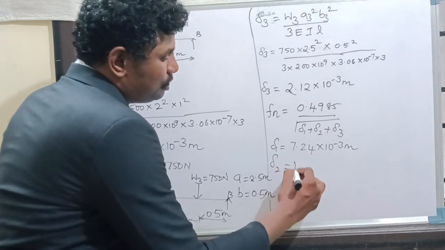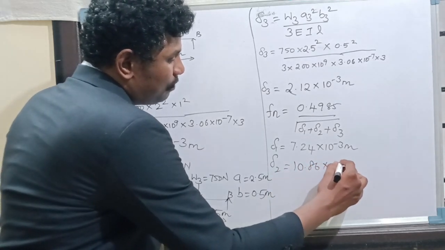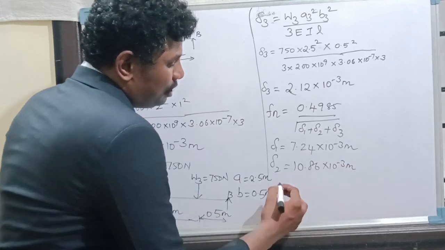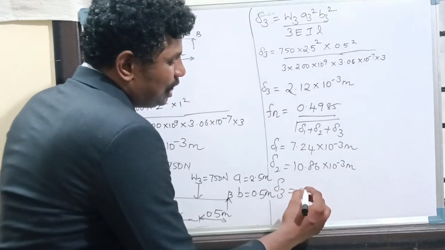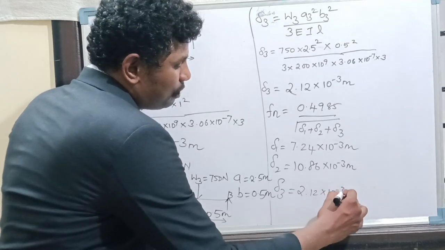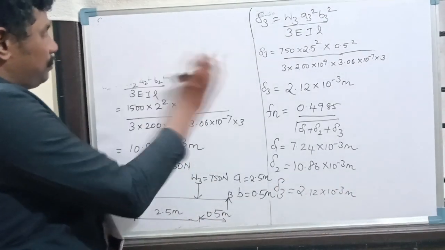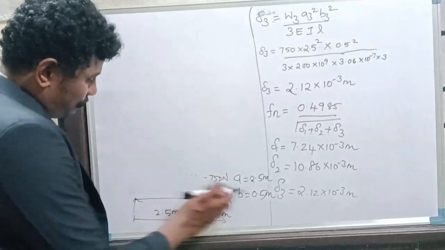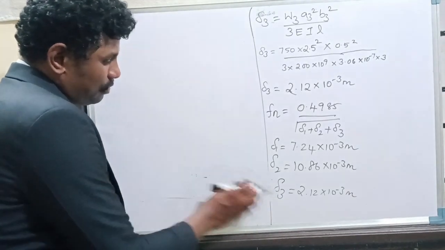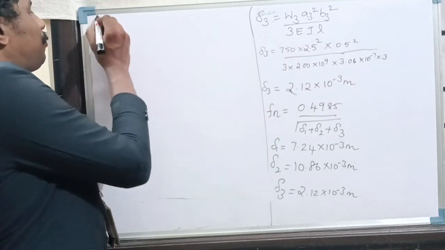So delta 2 is 10.86 into 10 power minus 3 meter, and delta 3 is 2.12 into 10 power minus 3 meter. So we can substitute all these values in the frequency formula.